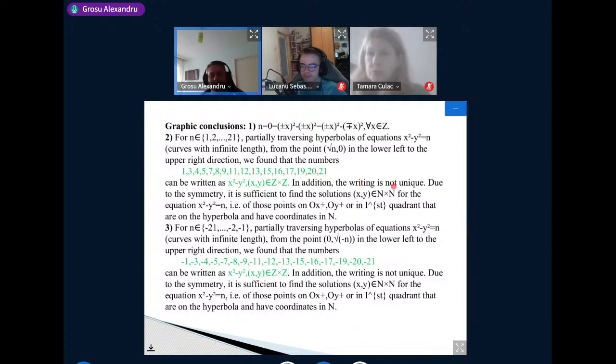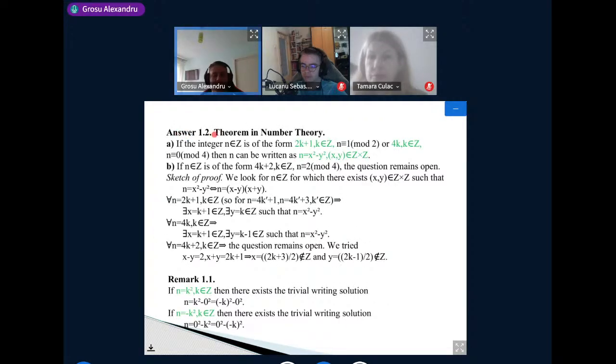In addition, the writing is not unique due to the symmetry. It is sufficient to find the solution, x and y positive integers for the equation x square minus y square equals n. Ideas of those points on Ox, Oy, or in the first quadrant that are on the hyperbola and have integer coordinates. And for n from minus 21 to minus 1, we have these numbers.